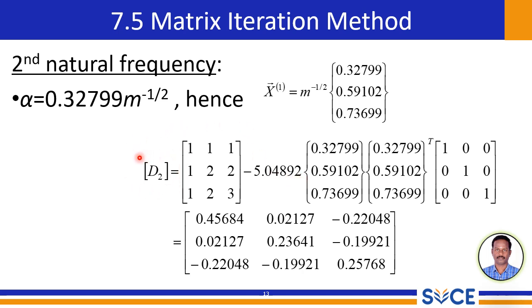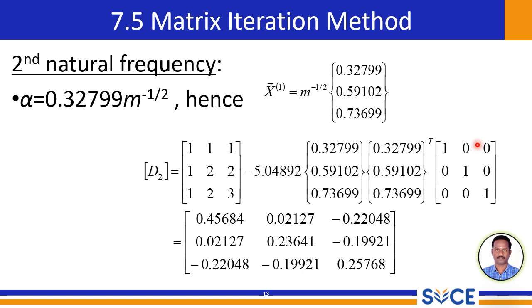The formula for this, as we saw, involves subtracting a term from the original dynamic matrix. So we start with the original dynamic matrix, which is represented here. Then we subtract the term involving alpha, 5.04892, the normalized first mode shape vector, its transpose, and the mass matrix.